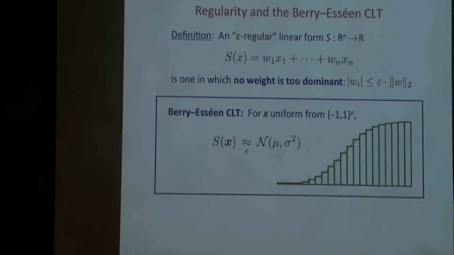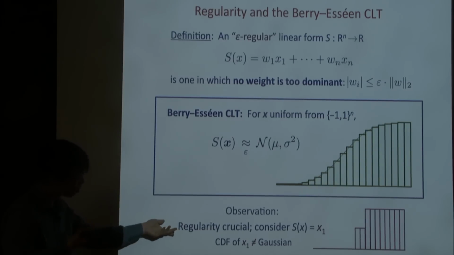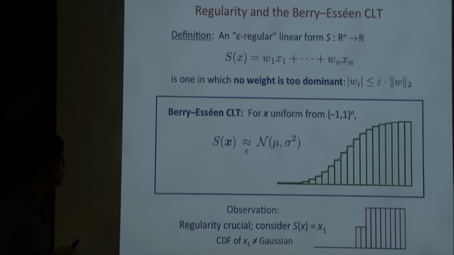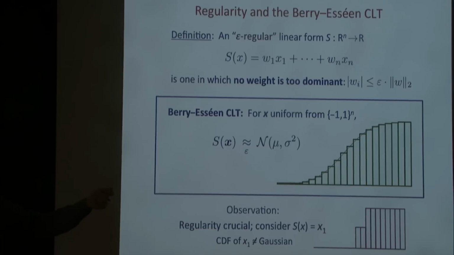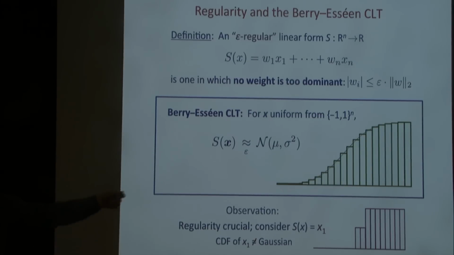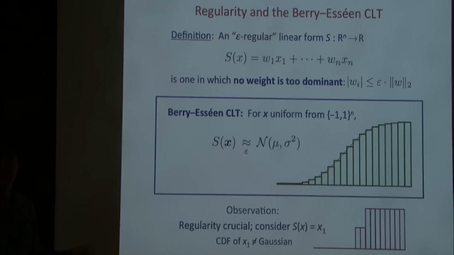Okay, and just one quick remark, this notion of regularity is crucial. And I'll emphasize this again. As a silly but important example, suppose x_1 is super dominant. In the same way that majority is the most regular half space, in that all the w_i's are the same, this is the most irregular half space.